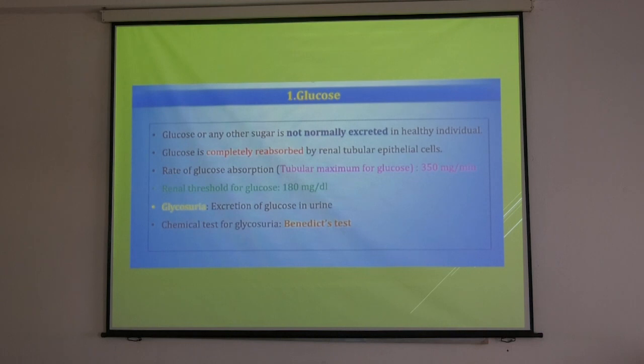This value is called the renal threshold for glucose. When there is glucose present in urine, it is called glycosuria. And the test we utilize for detecting reducing sugars in urine is called Benedict's test.